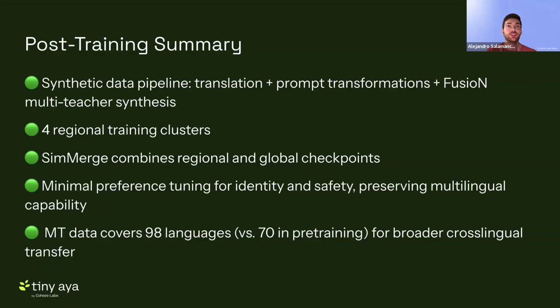We use SimMerge to combine different regional models and the global checkpoint to create the final models. And all of our models went through minimal preference tuning just for identity, safety, and preserving multilingual capabilities. And our models are quite good at translation, and that's because of our machine translation data that covers 98 languages. So it's more than the pre-training models, and it also helps us with cross-lingual transfer.